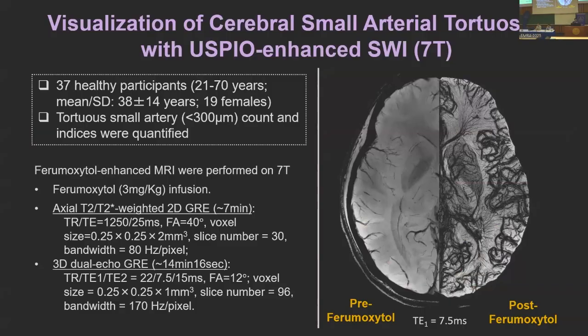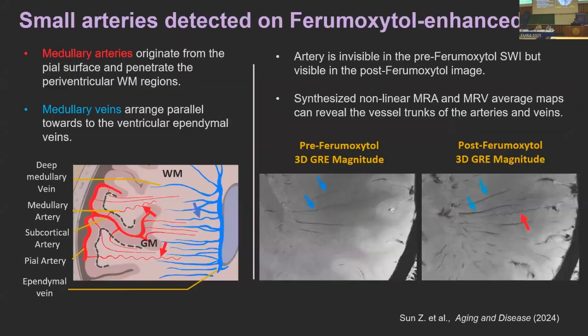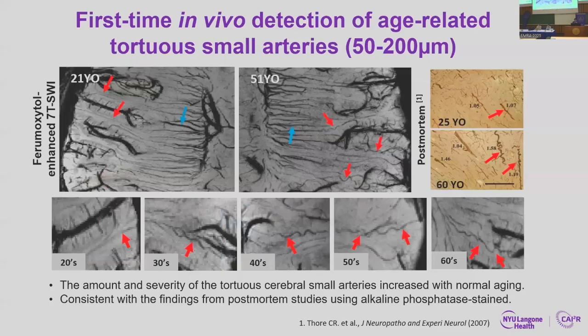As I talked about previously, using the USPIO-enhanced SWI, we can really see the small vessel changes. This example shows pre- and post-contrast SWI. We can see the tortuous arteries, which are not seen on the pre-contrast. On the pre-contrast, only the veins are showing.